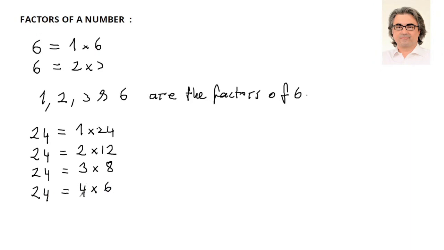Now, after 4, 5 is not possible, because 24 is not divisible by 5. After 5, 6 comes. 6 is possible, but I wrote it here. So, my operation has just finished. I cannot find any two numbers whose multiplication is equal to 24 other than these.